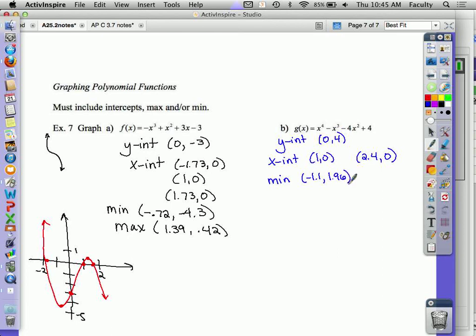It does not matter to me if you round 1 decimal place or 2. Whatever you're comfortable with is fine. Do you guys notice that there's 2 local minimums on this one? Do you see 2 places where there's a little valley?